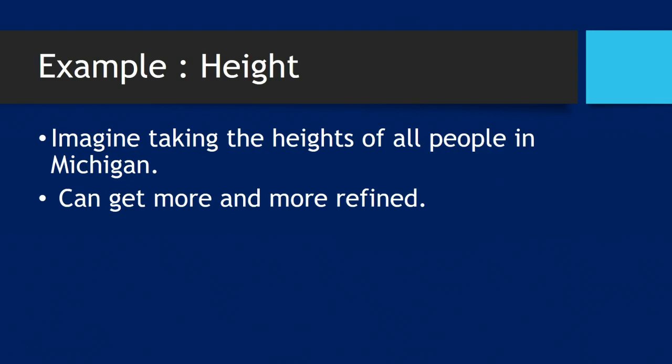However, once we do that, we can get more and more refined. Instead of jumping by an inch, maybe our categories could jump by a half an inch. Or maybe our categories could jump by a tenth of an inch. Or if we had enough people, we could jump by 1/100th of an inch or 1,000th of an inch.